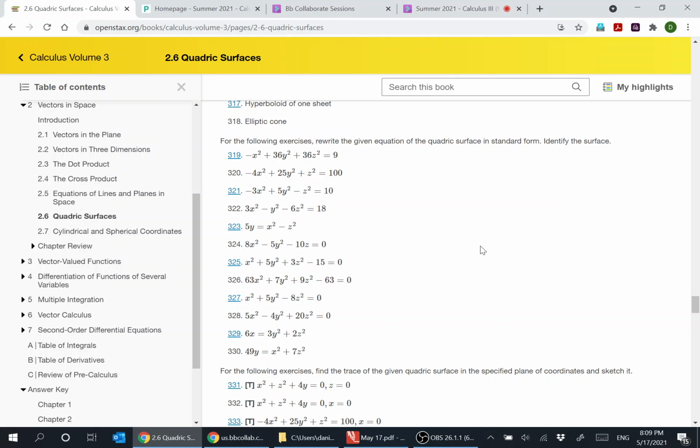So the way I explained it is to look at the cross-sectional sketch traces of the surface, so level curves or traces, or different things that you might call them, and find where the circles or ellipses are, in which parallel to which coordinate plane.